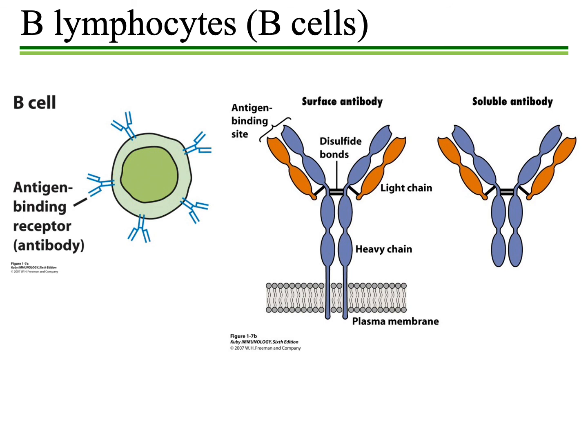The antibody structure, whether it is membrane-associated or soluble, is almost identical, like you see in the right-hand side of this particular slide. In the middle of the slide, you see the membrane-associated antibody versus the antibody that can be secreted. The membrane-associated antibody is typically involved in that first recognition step that we just talked about on the previous slide.